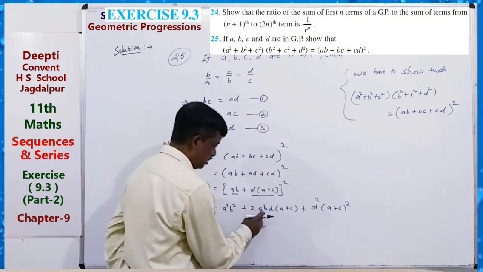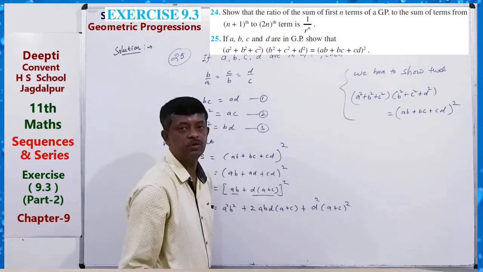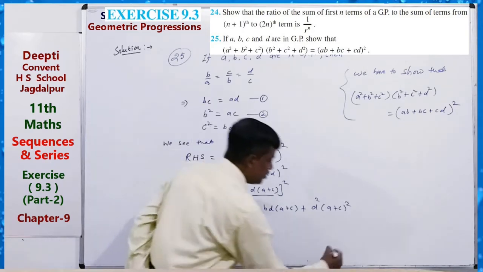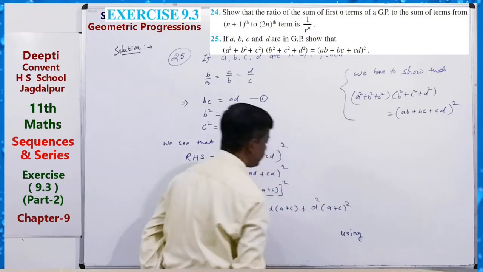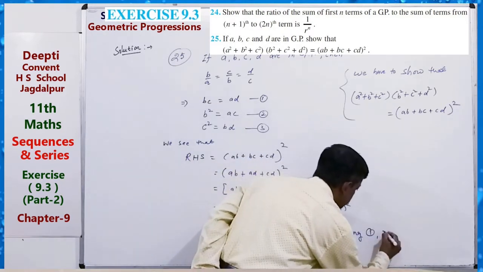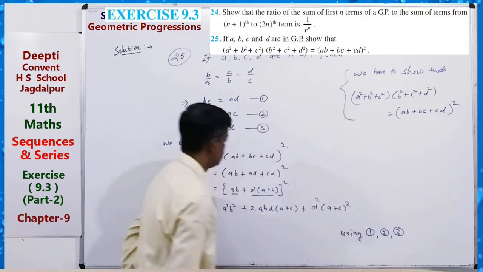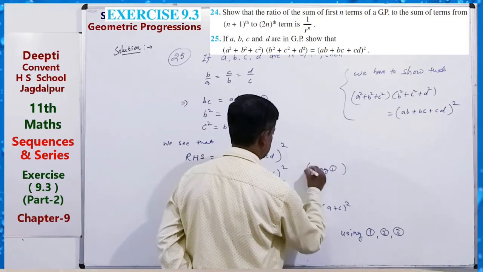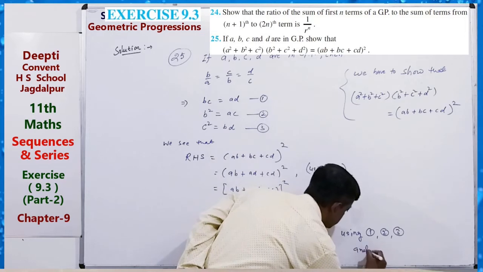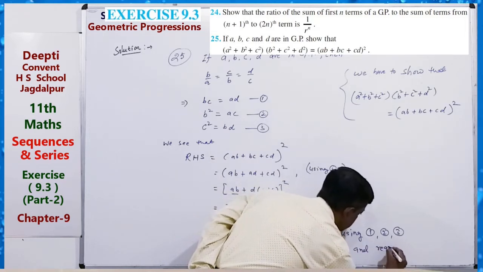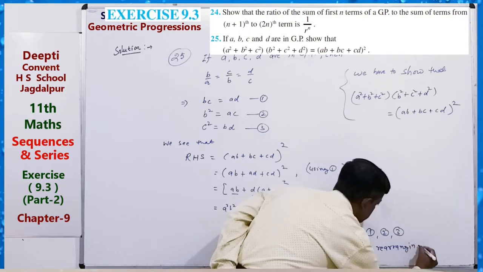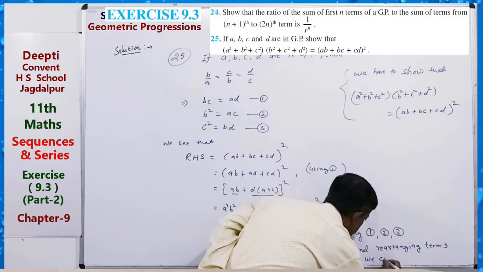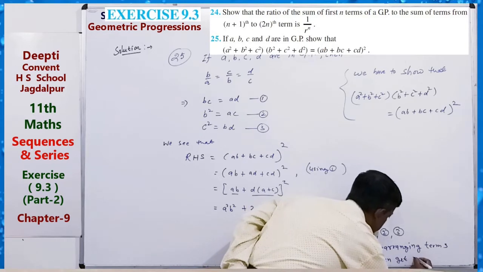Now just multiply it and break it, A plus B whole square, A plus C whole square, and multiply it, and using 1, 2, 3, and rearranging terms, we can get the required result.